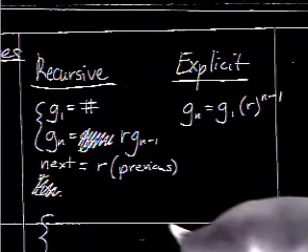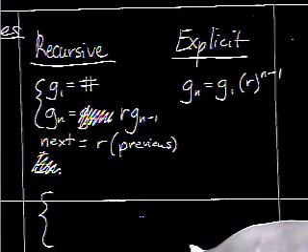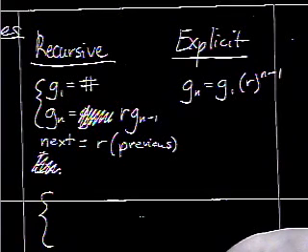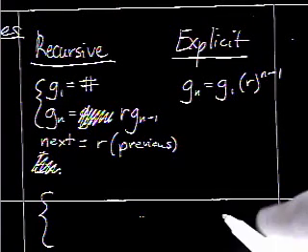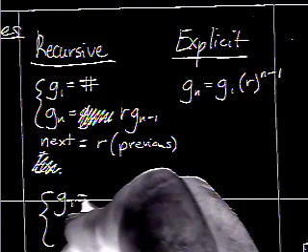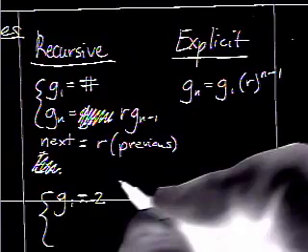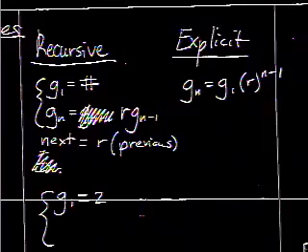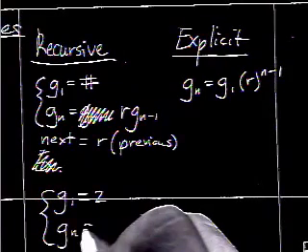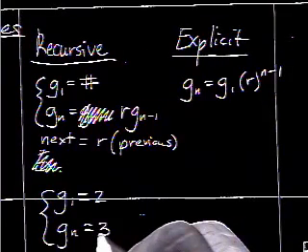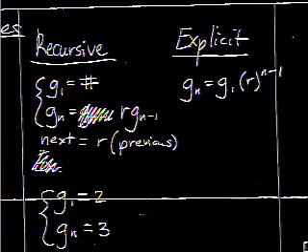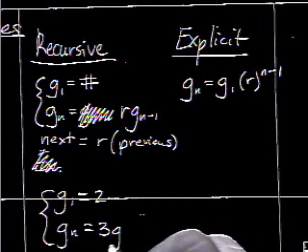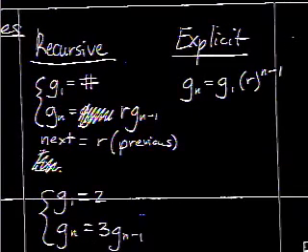So for instance, take the example we started with at the beginning of the lesson, 2, 6, 18, 54. Its first term was a 2. The ratio, which we found out was 3, times the previous term.